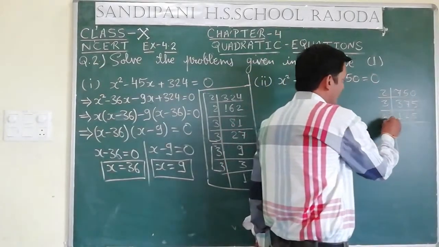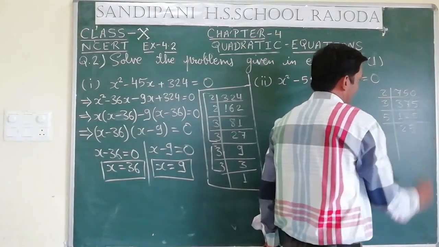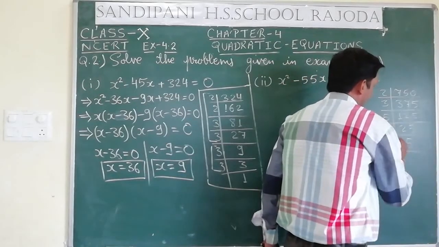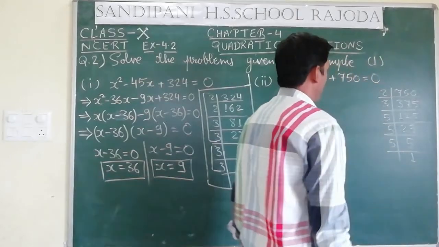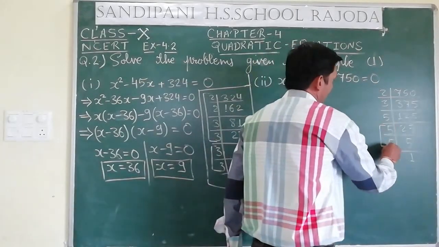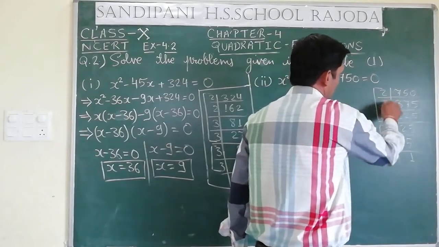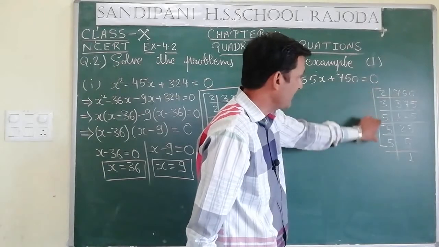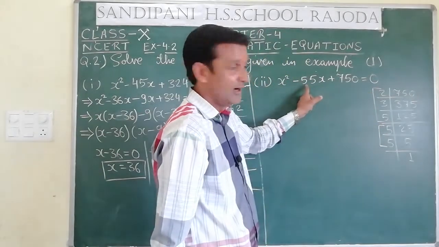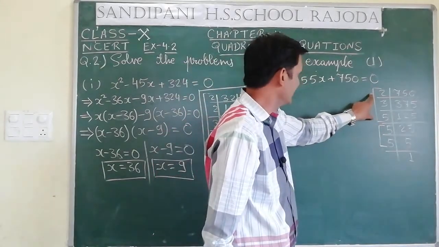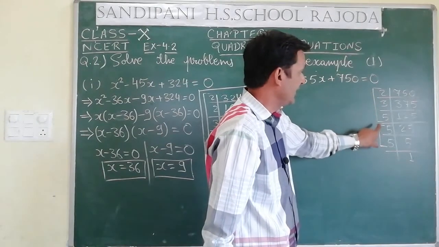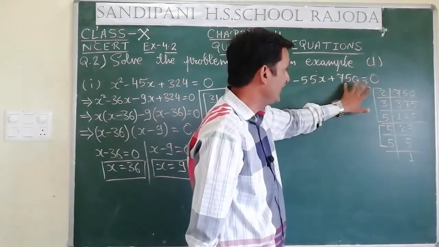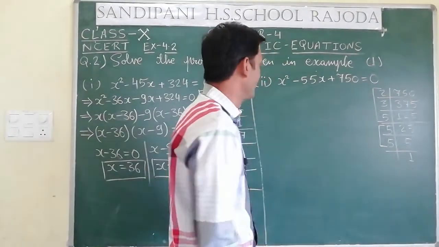So 5 2s are 10 and 5 5s are 25. Now 5 5s are 25 and 5 1s are 5. It is 25 and this one is 30. 2 3s are 6, 5 6s are 30. 30 plus 25 is 55, so minus 30 minus 25 is minus 55, and when minus 30 and minus 25 are multiplied, it will give positive 750.